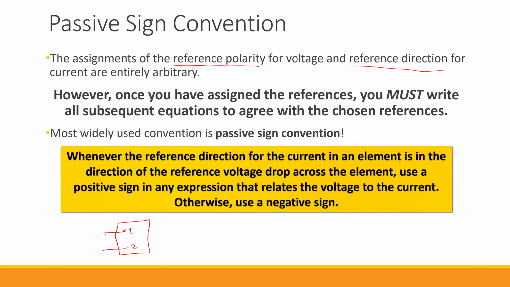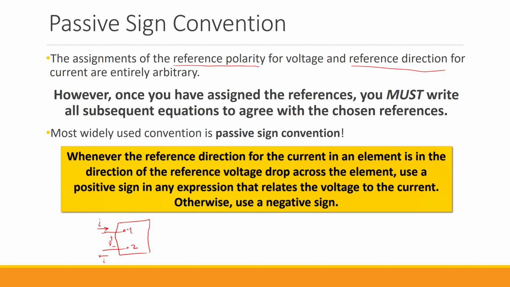So let's say we have this circuit, and let's say I assign the voltage polarity to be like this. So the positive is terminal 1 and negative is terminal 2. Now let's say I assign a current in this direction. So as you can see, the direction of the current is in the direction of the voltage drop, right?